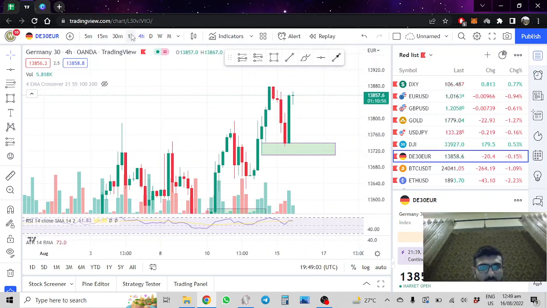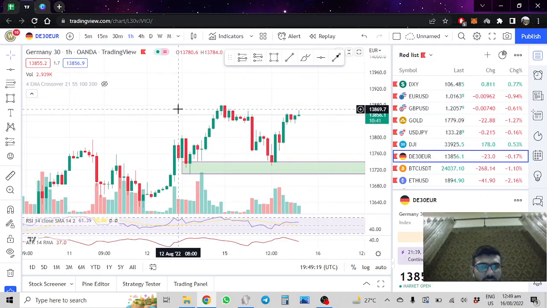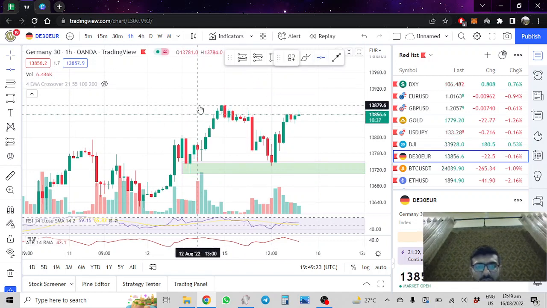So how do we take a trade over here? Currently we have missed the long trade, so we are gonna wait and try to find a little bit of retracement from this level.